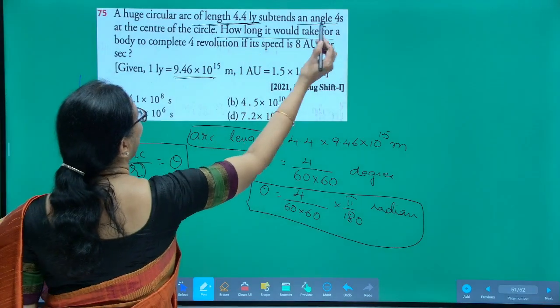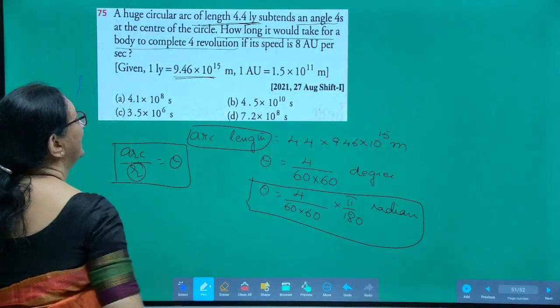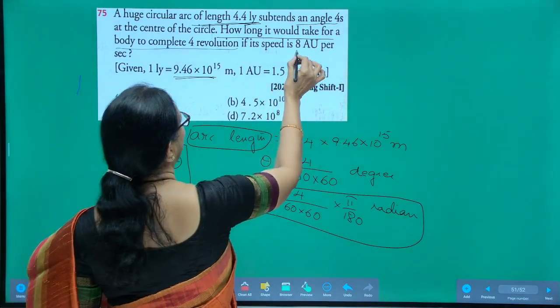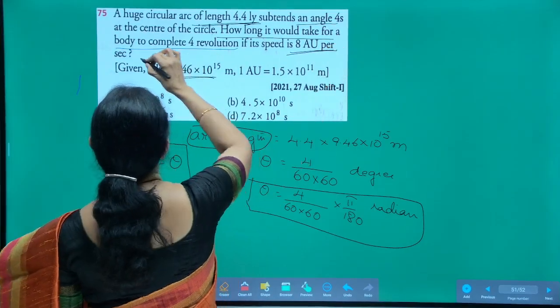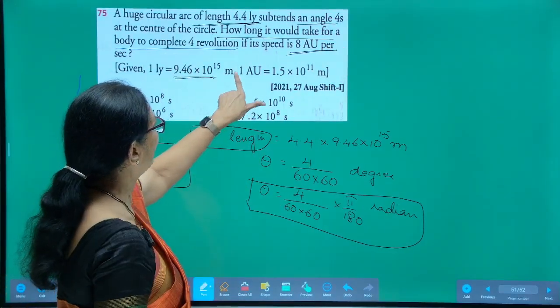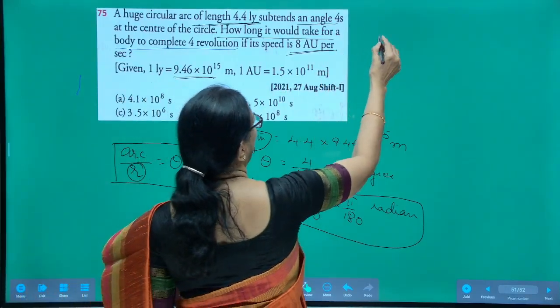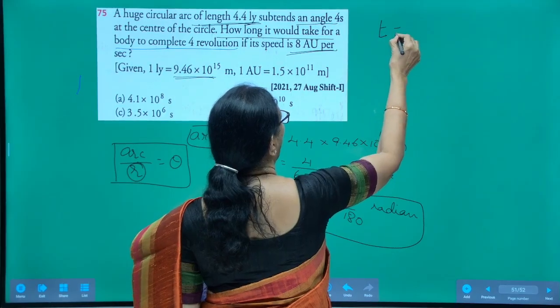How long would it take for a body to complete 4 revolutions if its speed is 8 astronomical units per second? 1 AU is 1.5 into 10 power 11 meters. What else is given in the problem?